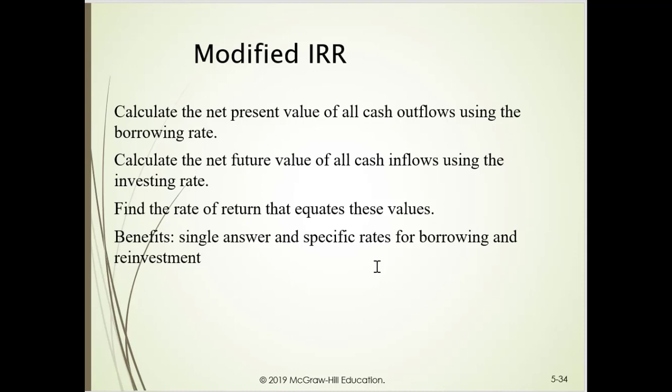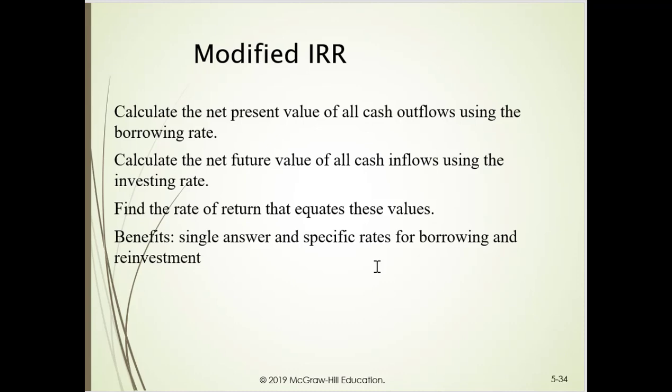So here's how I approach this modified internal rate of return and what it can do for us. The modified internal rate of return essentially takes all of the future cash flows and assumes we're going to reinvest them at a different reinvestment rate than what we can today. Again, we obviously know that interest rates can change in the future. So the modified internal rate of return is a technique we can utilize.